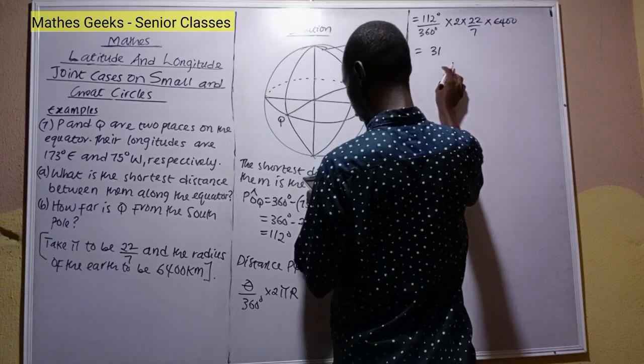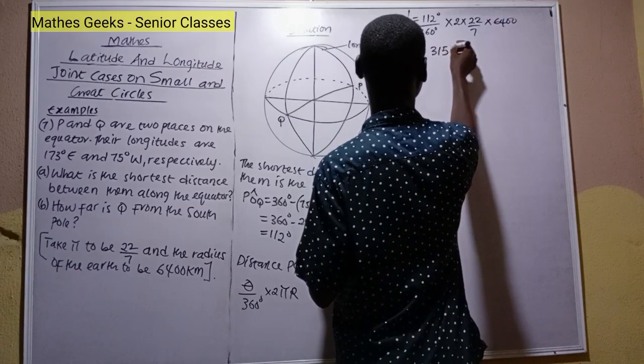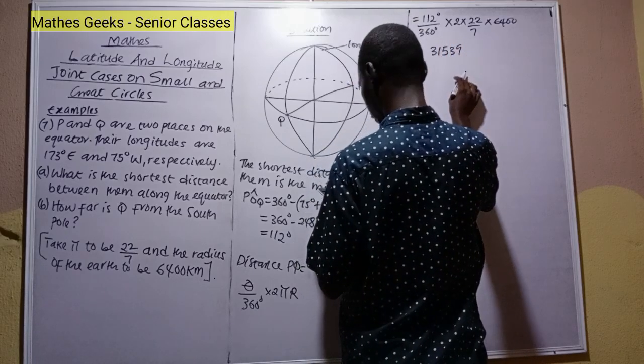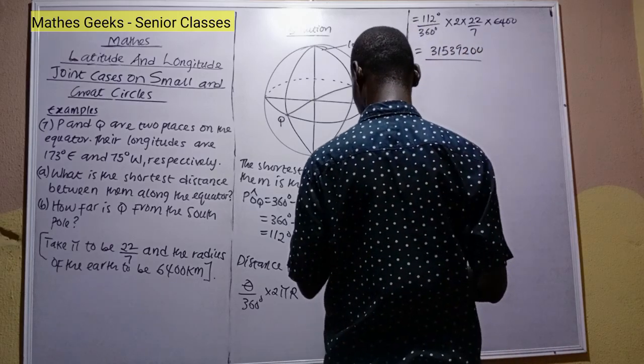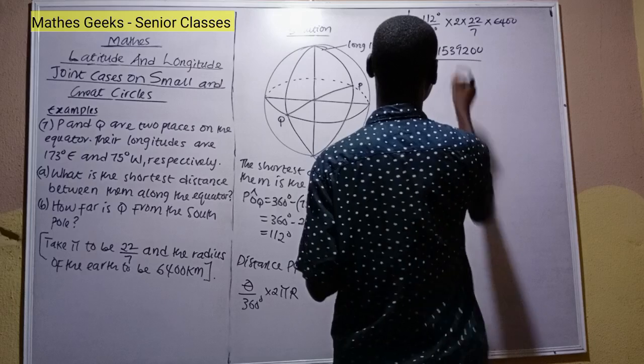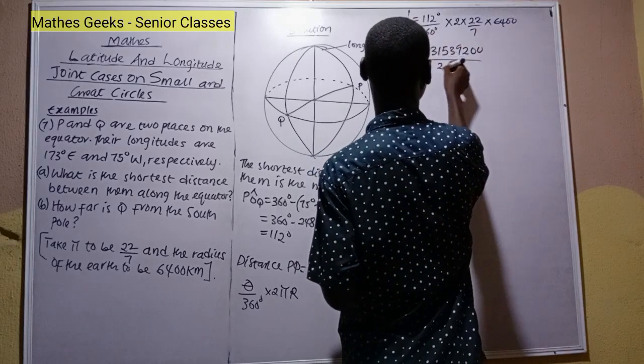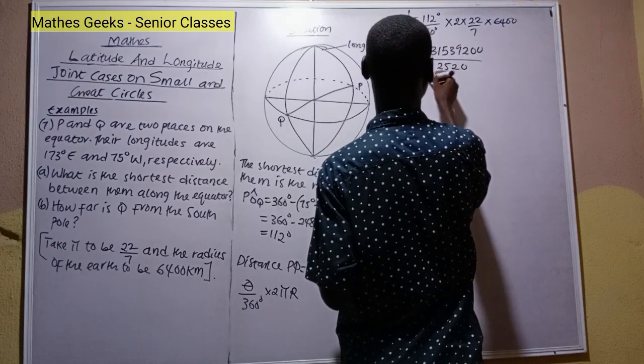So 2 times 22 times 6,400 times 112 is 31,539,200, divided by 360 degrees times 7, which is 2520.